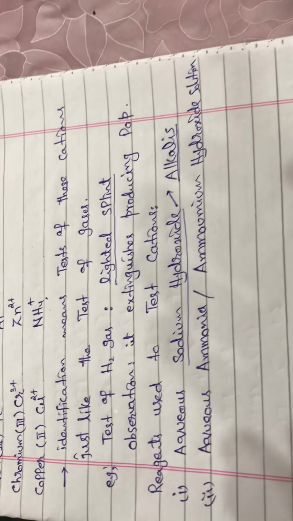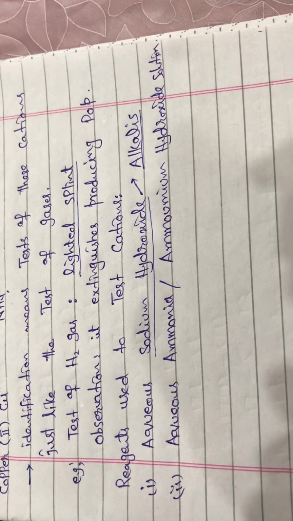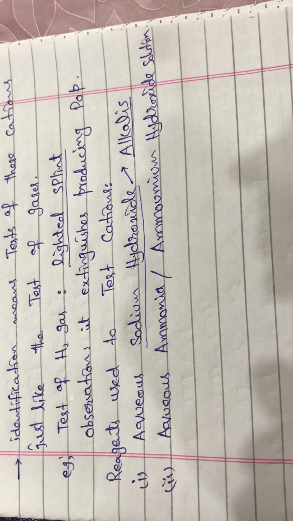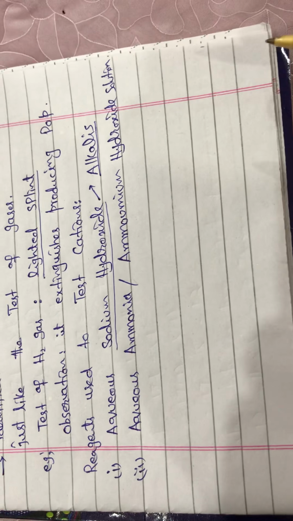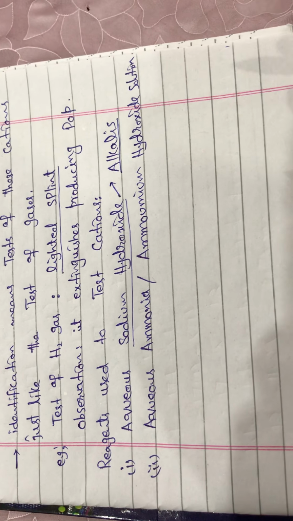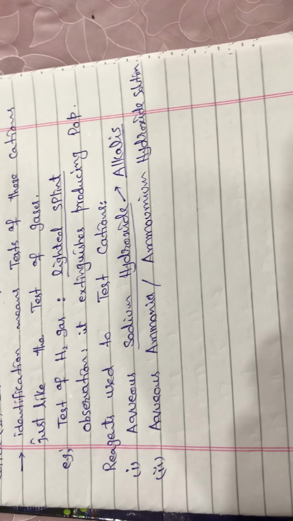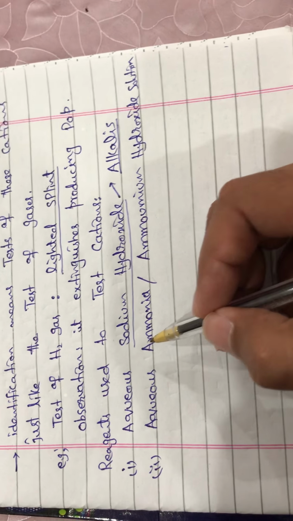So these two solutions we are using to test for cations and only cations. Now we are going to see how we will be able to test for a cation and how these two reagents can help us.